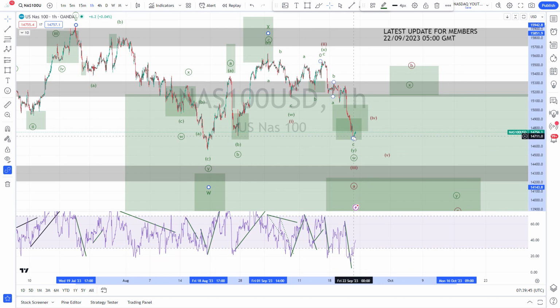Like from here, we could get again an ABC pattern up, but I won't discuss this now because it really starts to be unlikely after the bearish moves of the past 2 days. So I would now call for this scenario.